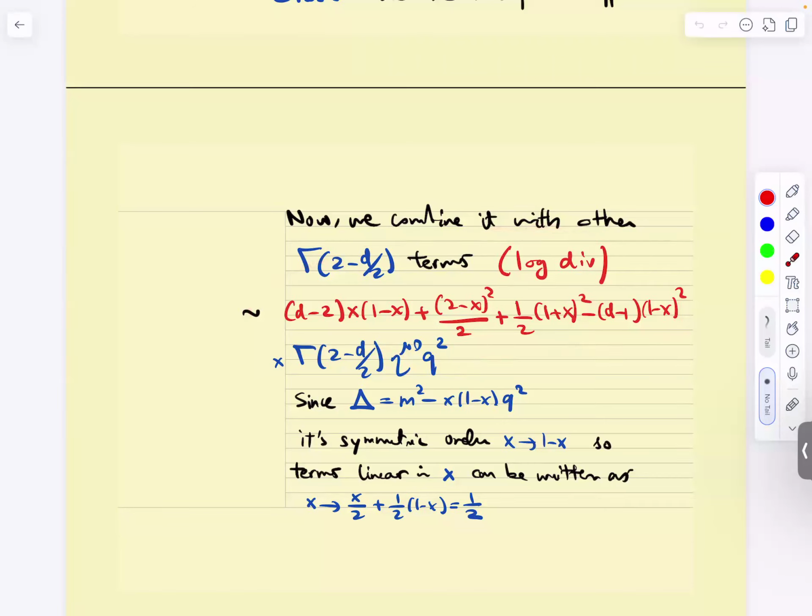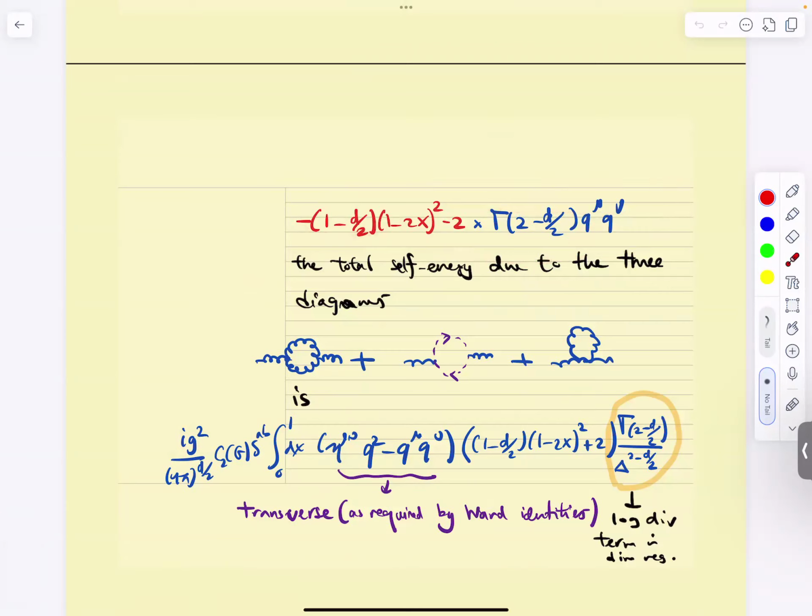This is inside the x integral, right? I haven't done the x integral yet. I usually don't do the x integral until the very end. If you recall in QED, we used the symmetry sending x to 1 minus x, which means that the terms linear in x could be written this way. That could be used to simplify this expression. We use exactly the same trick, perhaps less complicated than in QED.